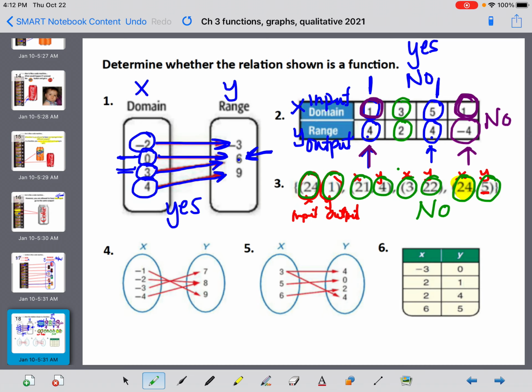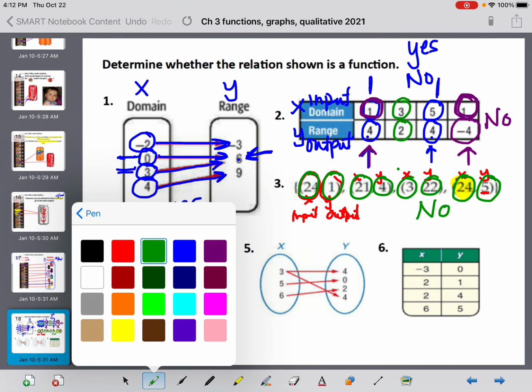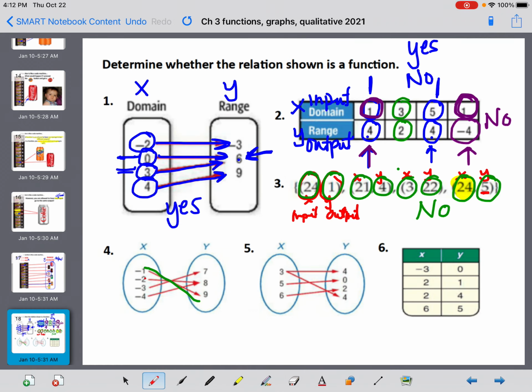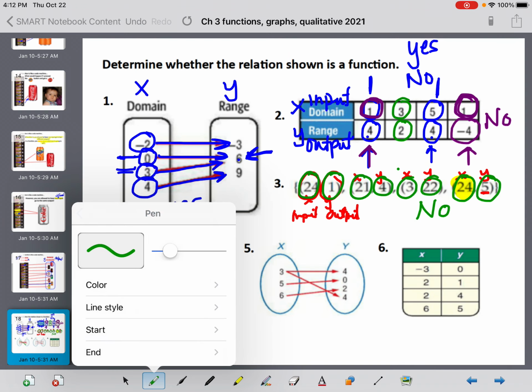All right, here's a domain and range map again. This one looks kind of crazy, but I just follow the arrows on these and try to match it up and see where it's going. Make sure I have only one output for each input. So I had a -1 and it only went to 9. Then the next one I had a -2, it only went to 8.